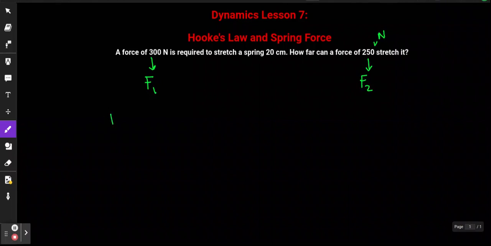We know that force 1 divided by the K value is equal to 0.2 meters. We need to know what force 2 divided by that same K value is equal to.